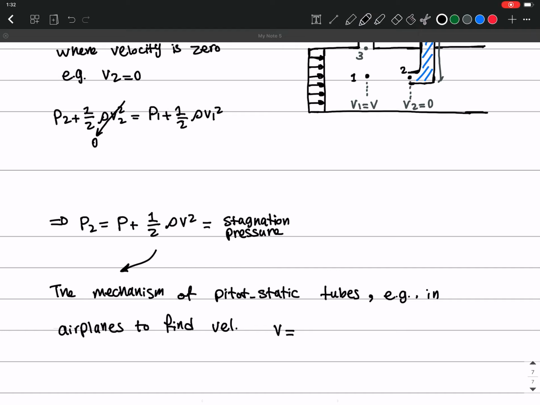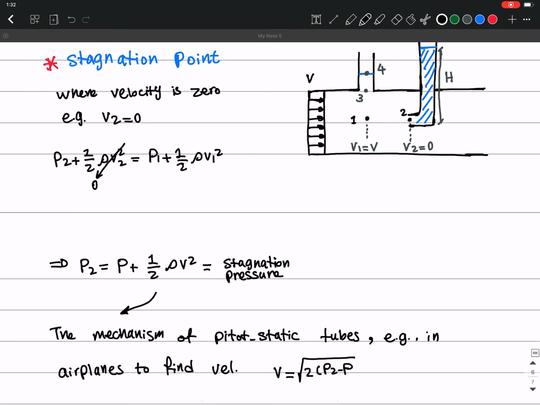relative to the wind, is they use these Pitot tubes, and then you can calculate V from this formula, and it's going to be the square root of 2 times (P2 minus P1) over rho, and P1 is typically the atmospheric pressure at that level.